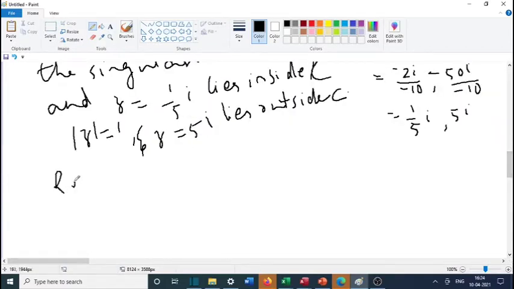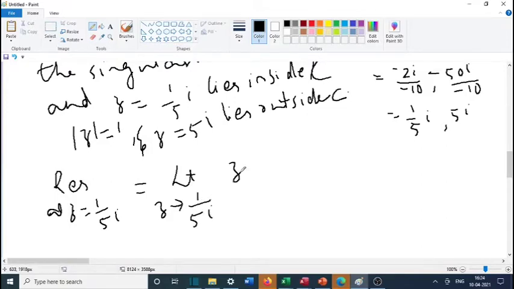Therefore, the residue at z equal to 1 by 5i is equal to the limit as z tends to 1 by 5i of z minus 1 by 5i into f of z.